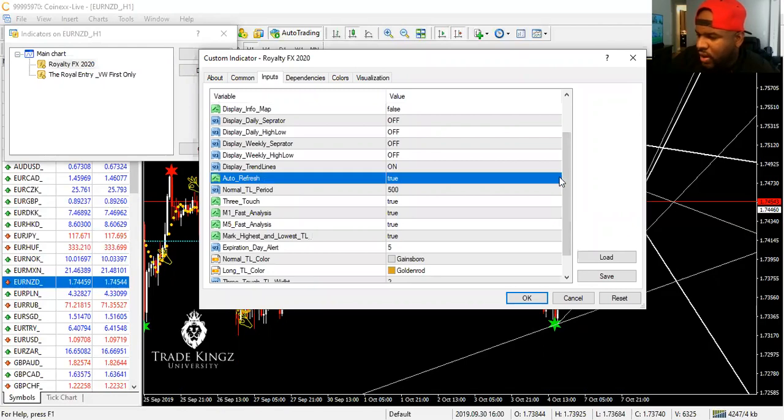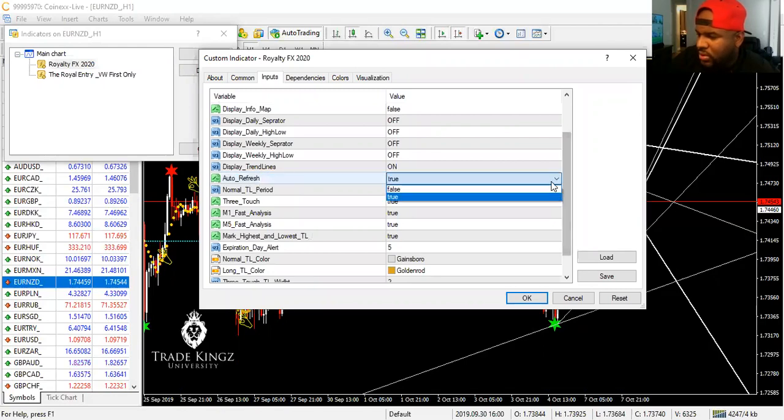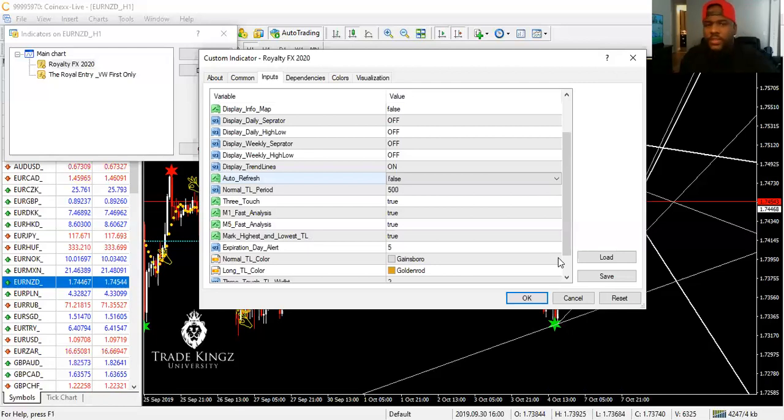I can turn that to false. That way you can gauge a true break of a trend line. Now you will see the price break the trend lines and make their moves, but after some time, it will adjust, okay? Let's cancel that.